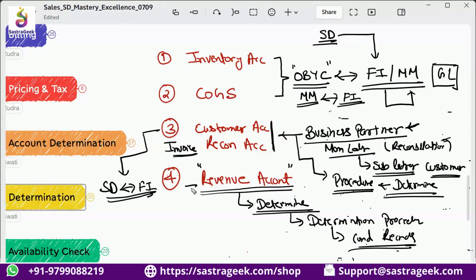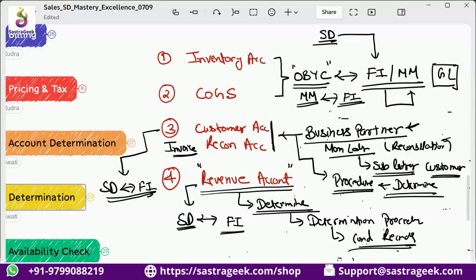And this is, again, an activity of SD and FI. FI would always be there wherever accounts come into the picture. Accounts are a baby of finance, so you cannot leave finance behind. Finance needs to always come into the picture. Here, the configuration is about which account needs to be determined.